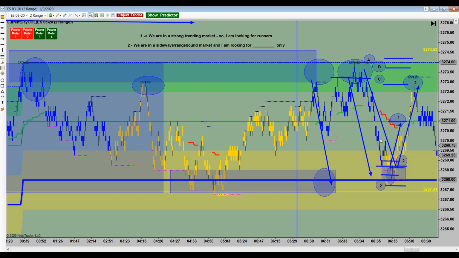Well, we got 8 ticks on the scalp, so 8 times 12.5, or 2 points, is $100 on leg 1. And we got the 73 on the second one, so 68.50 to 73 is 4.5 points. 4.5 times 50 is what? 225 plus 100? $325 on one trade.